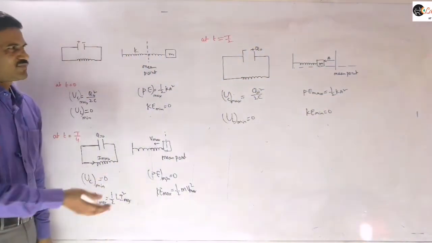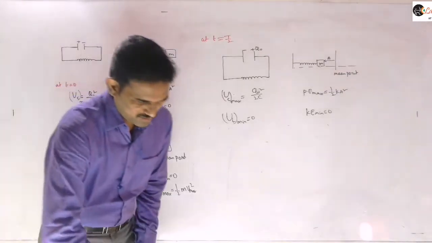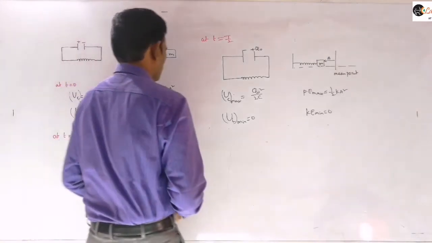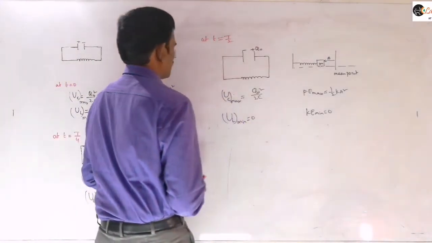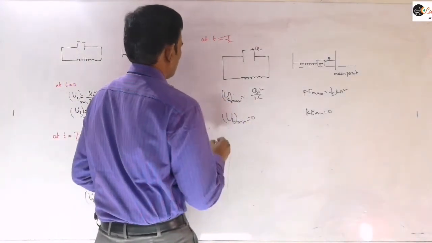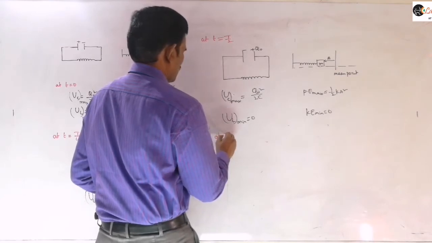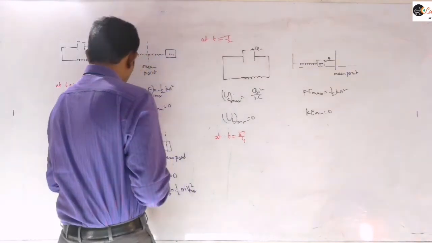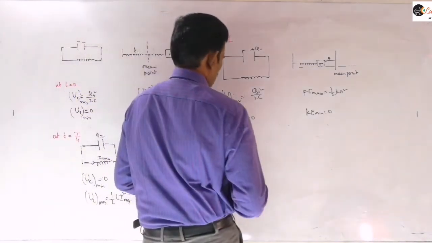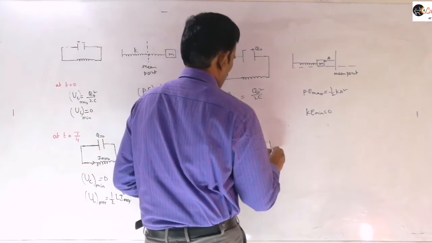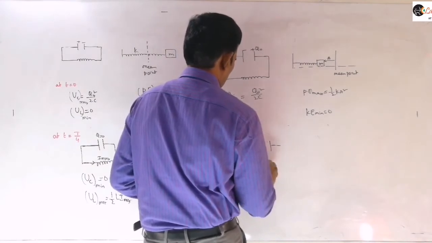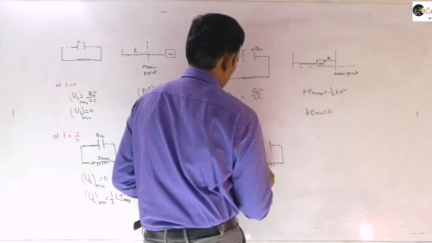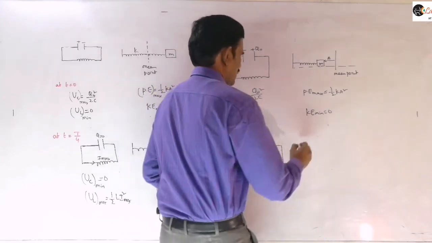Next, at 3T by 4, you will get the same situation as at T by 4, but in opposite directions. The charge on the capacitor will still be 0, but the current in the inductor is in the opposite direction, with maximum current flowing.